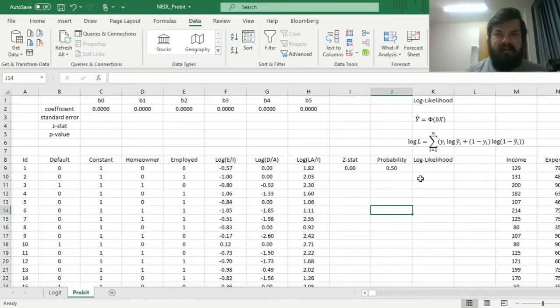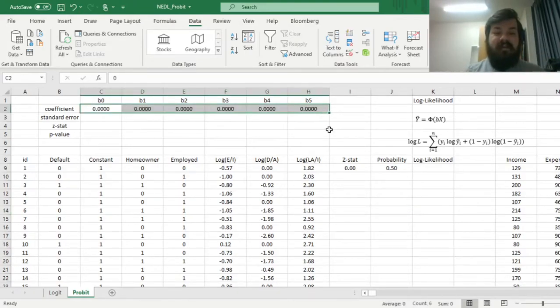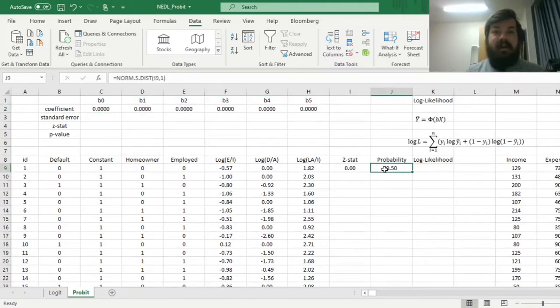But how to optimize these coefficients? How to derive the optimal values of these parameters that maximize explanatory and thus potentially predictive power if we try and plug in our new loan applicants into this model and assess whether they are creditworthy or not? Well, to do that, the most robust and rigorous way would be to maximize the log likelihood function.